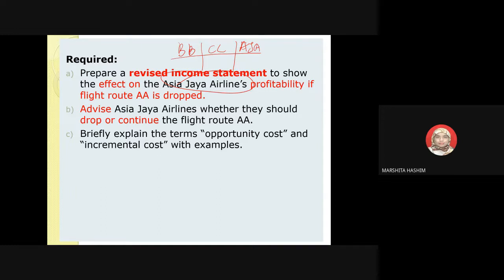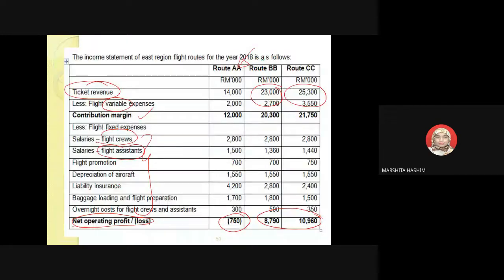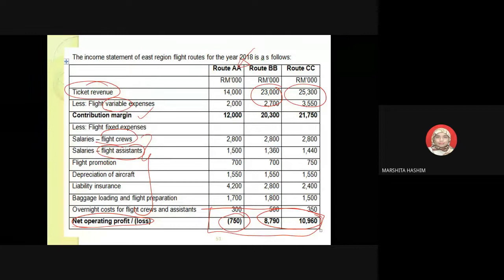Requirement B, advise Asia Jaya Airlines whether they should drop or continue flight route A. So after you do your requirement A, you look at net profit for Asia Jaya. You compare with net profit from this one. This one profit set off with net loss. How much is total? 10,960 plus 8,790 minus 750.